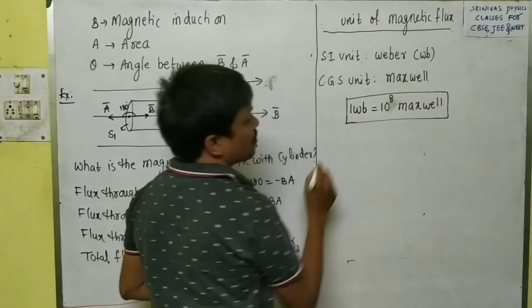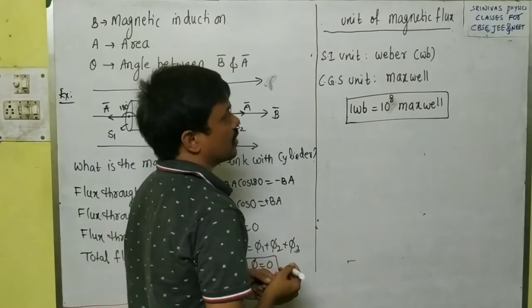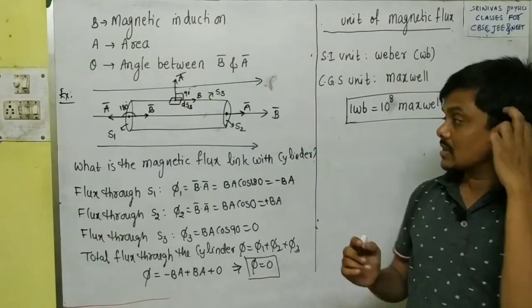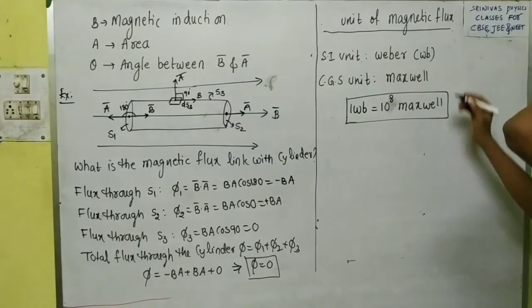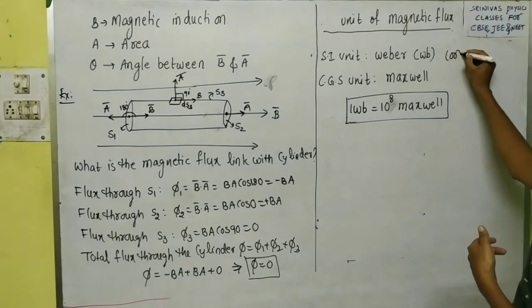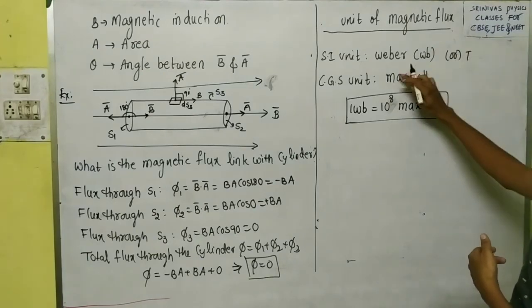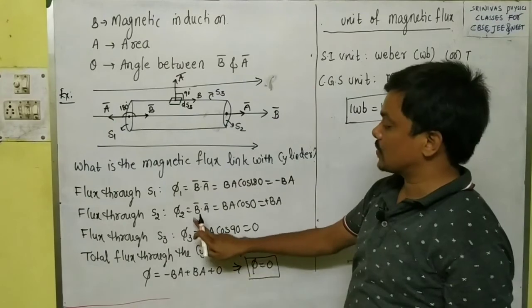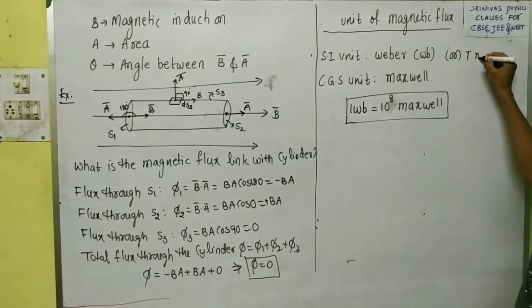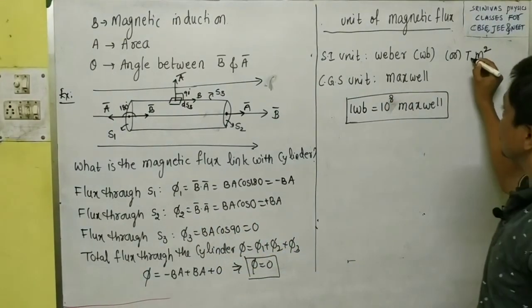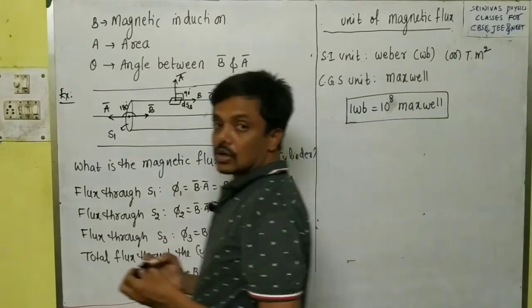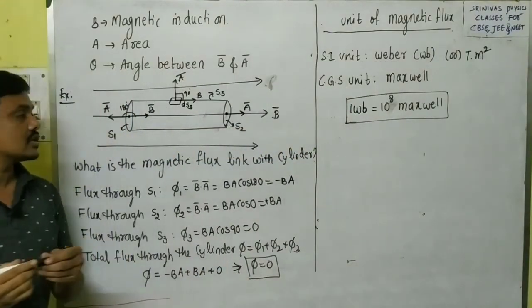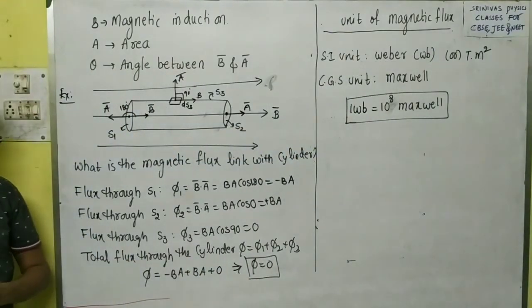According to the formula also we can give the unit: flux is equal to B into A, where B is in Tesla and A is in meter square, so Tesla meter square is also a unit. This is about magnetic flux.